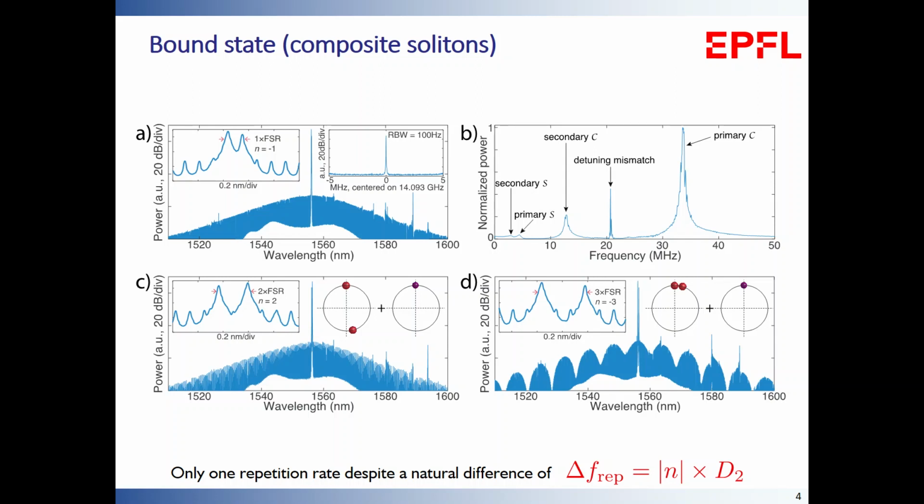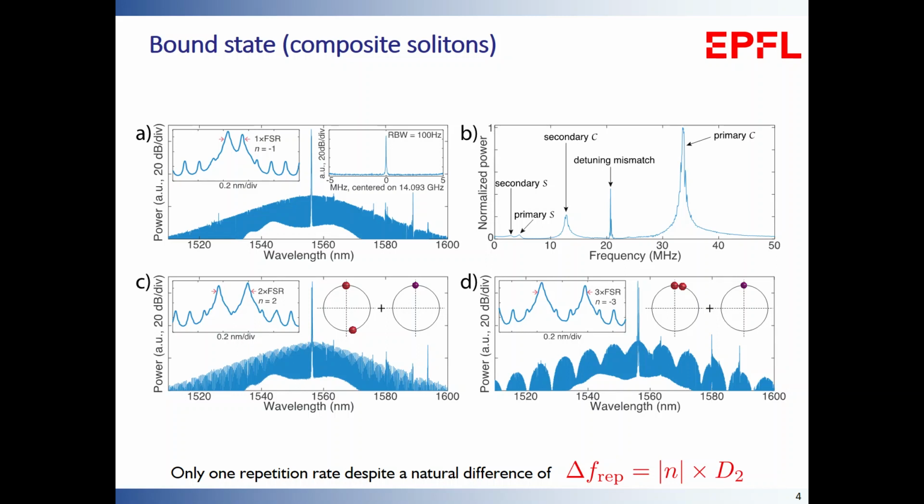What do we see here from the comb spectrum? Especially from this one and this one, you can see that it's actually a dual soliton state plus a small single soliton state, right? And this one also is a dual soliton state plus a single soliton state.